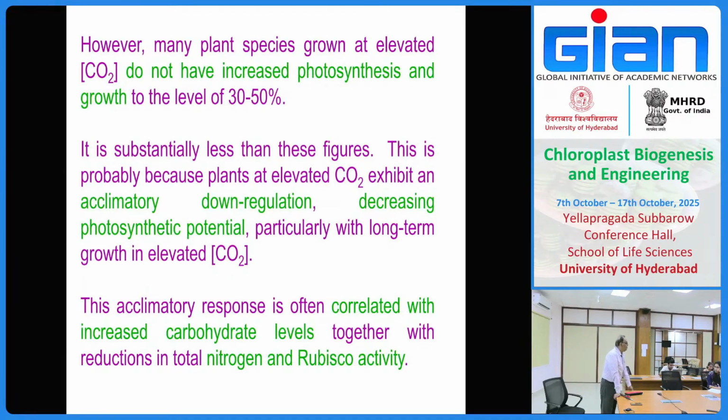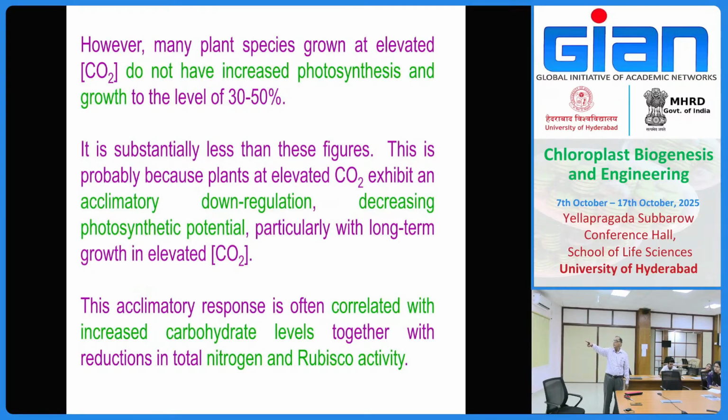If the Rubisco concentration decreases, then you will not get a big increase in photosynthesis, even if oxygenation is suppressed and carboxylation is favored in a high CO2 environment, because Rubisco is reduced.